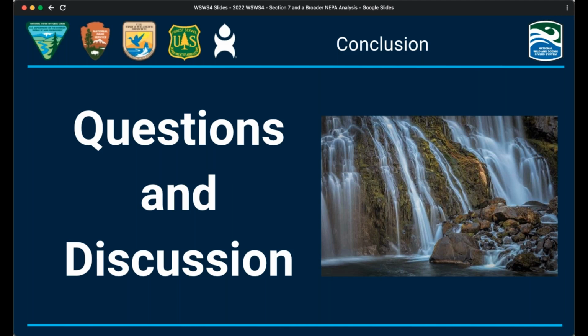Point two is that the information that's gathered as part of the NEPA process can be used for the Section 7 evaluation, analysis, and determination. And I'll come back to that in a second, but it can be really helpful information. Dave kind of went through the information that gets gathered for the Section 7 evaluation.